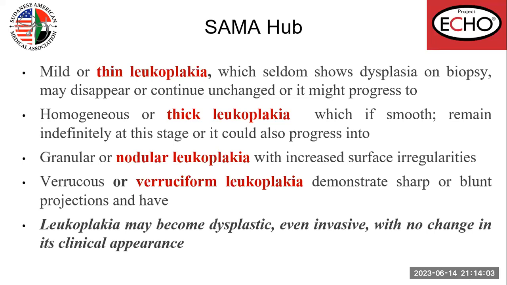So it's detrimental to ignore the importance of histological examination. You have to do histological examination because leukoplakia can appear very innocent, a small, thin leukoplakia, while it is actually an invasive lesion or frank cancer. You always have to weigh the two appearances, the clinical appearance and the histological appearance.